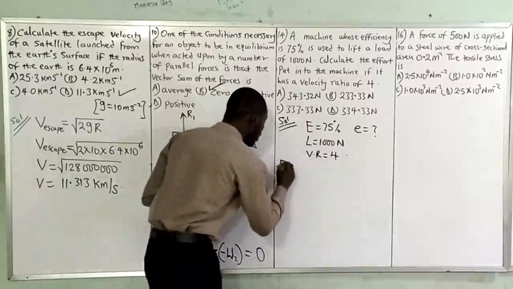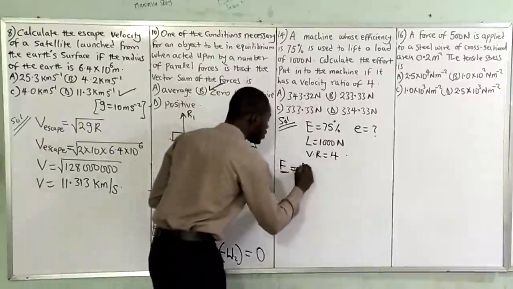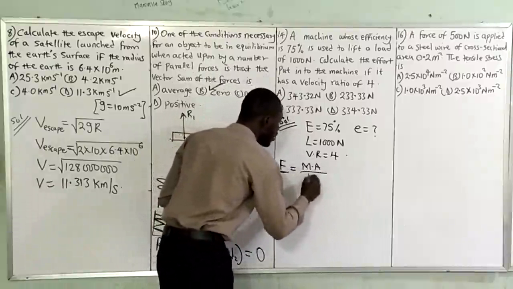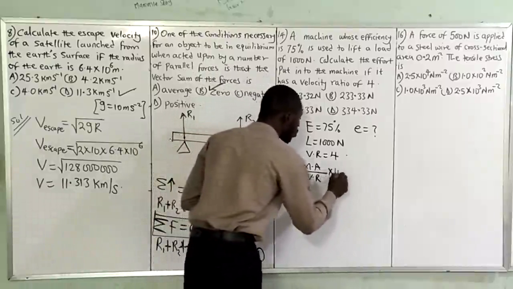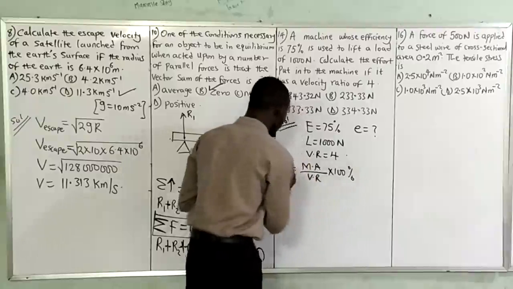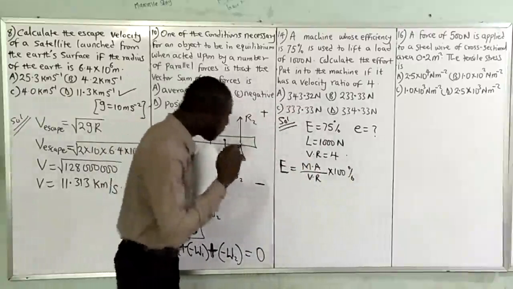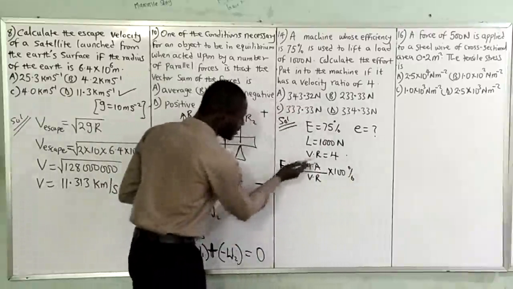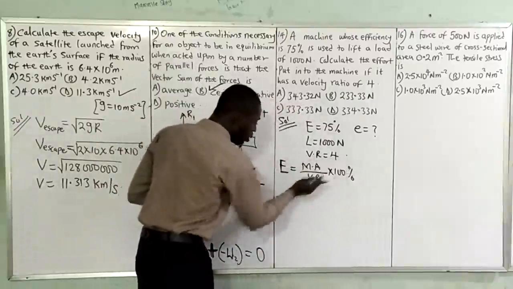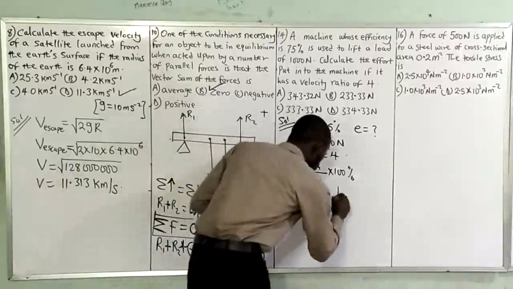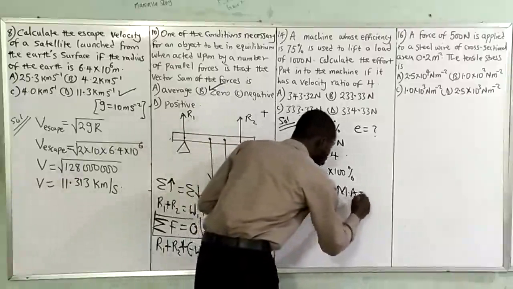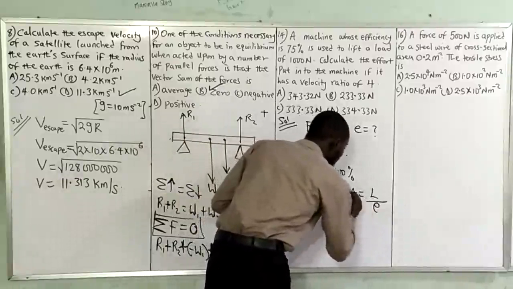But one thing is clear. Efficiency is mechanical advantage over velocity ratio times 100%, where this efficiency is expressed in percentage. Apart from that, you will notice that there is no effort in this formula. But you can actually work it out. Why? Because we know that mechanical advantage is load over effort.